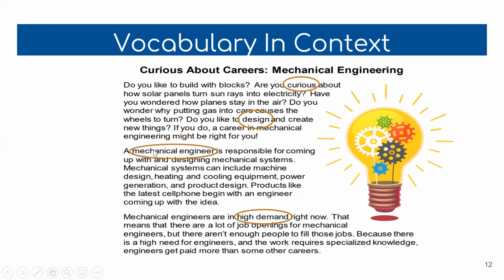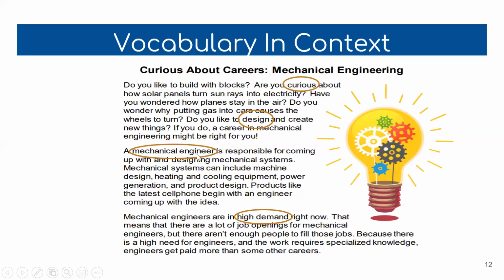A mechanical engineer is responsible for coming up with and designing mechanical systems. Mechanical systems can include machine design, heating and cooling equipment, power generation, and product design. Products, like the latest cell phone, begin with an engineer coming up with an idea.